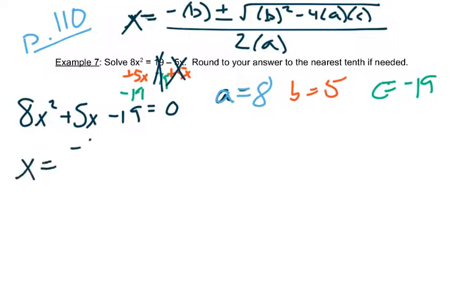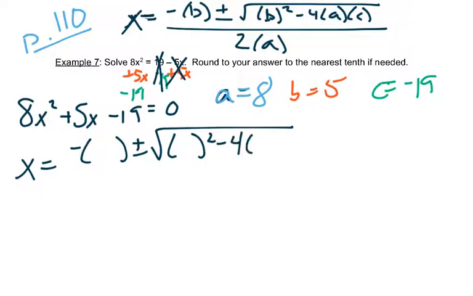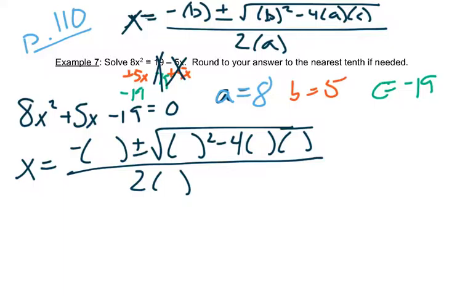So now we'll write our formula with the parentheses empty. B goes in the first two parentheses, A goes in the next one and in the bottom, and C goes in this last one. We'll simplify it in the same way.